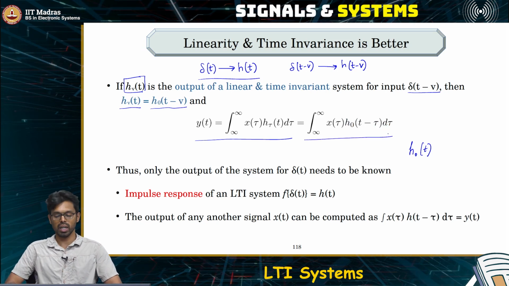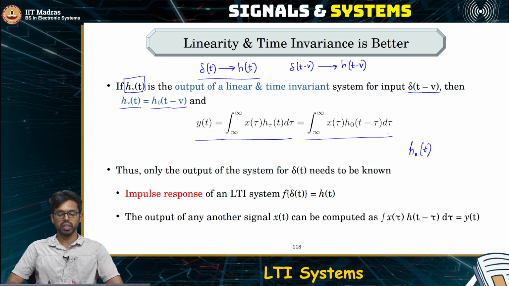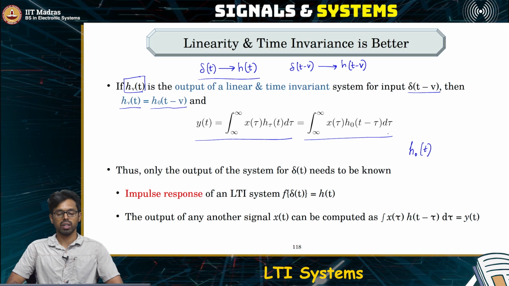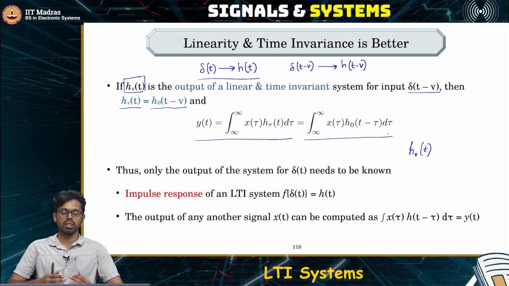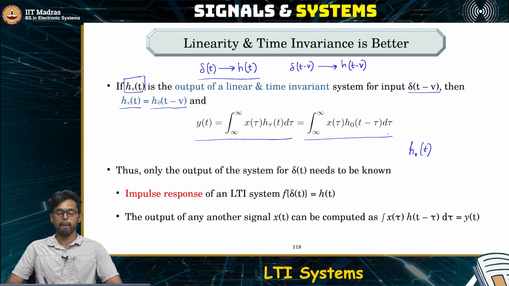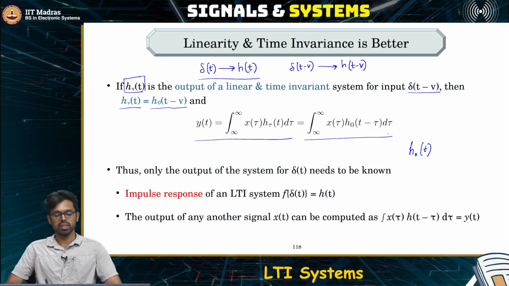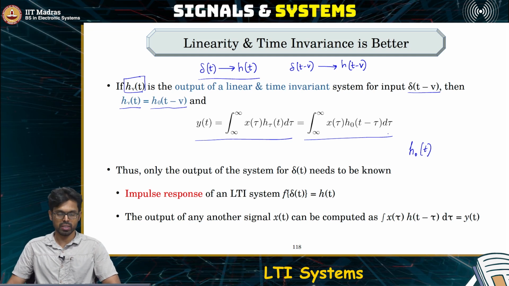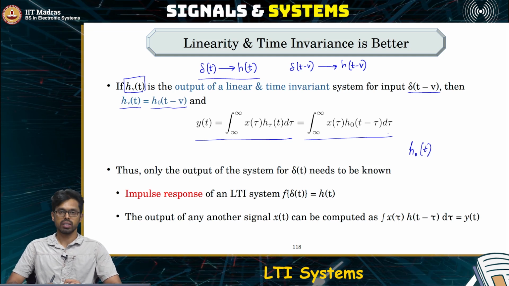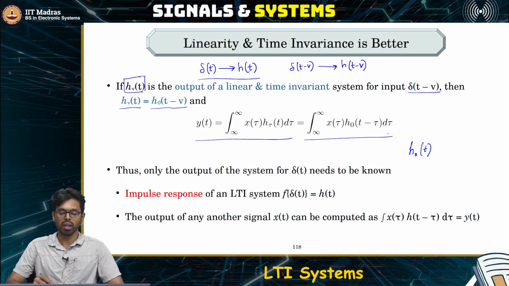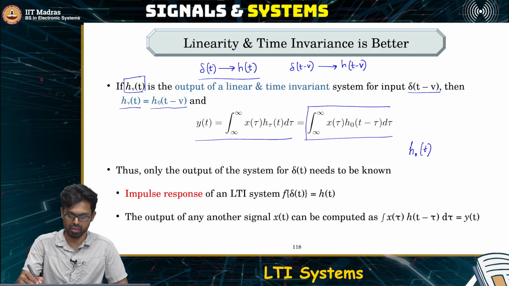All it tells you is that because I know what would be the output for a single impulse, I can represent any input signal as a sum of shifted scaled impulses, and for each impulse I know what would be the output. So I'll keep shifting that impulse in time, scale it, and then add them together. That's exactly what we have here.